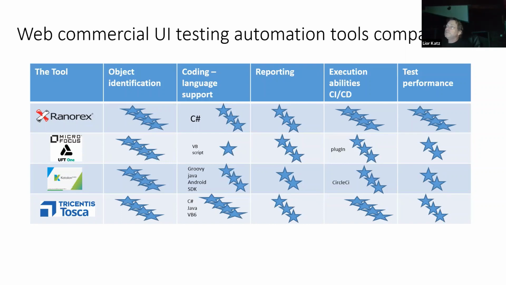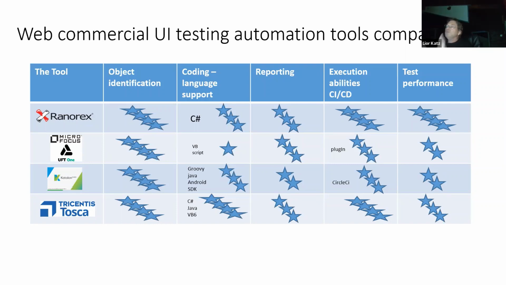So Tricentis Tosca is a very interesting solution. I don't want to drill down into the Tosca solution, but I recommend you understand what the Tricentis Tosca solution is. It's very, very interesting. They record the UI, and they shift the UI code to API, and then the script is much more maintainable, and the execution is much faster.